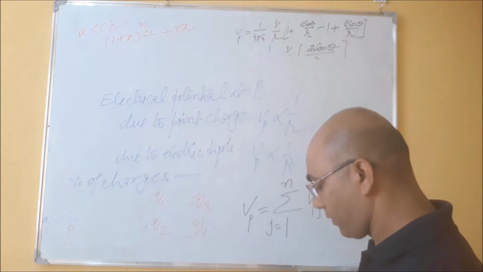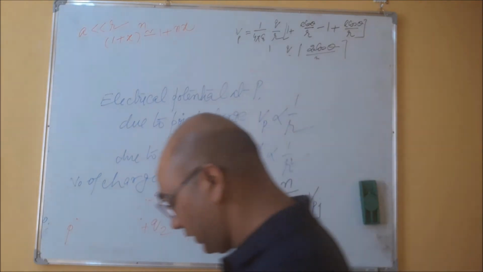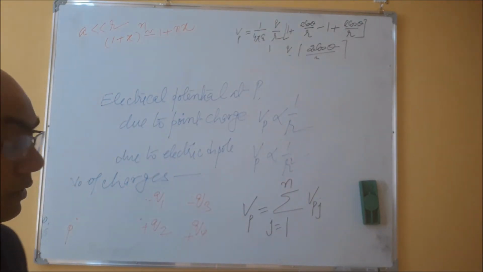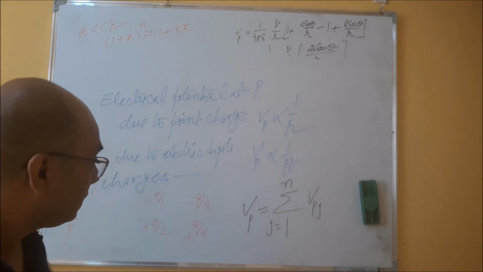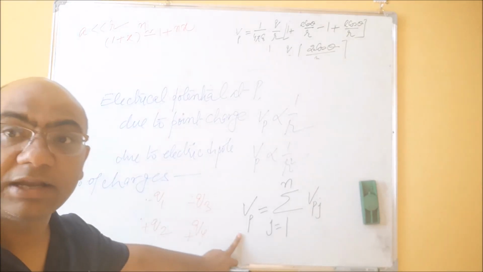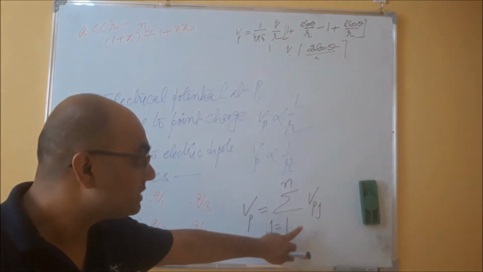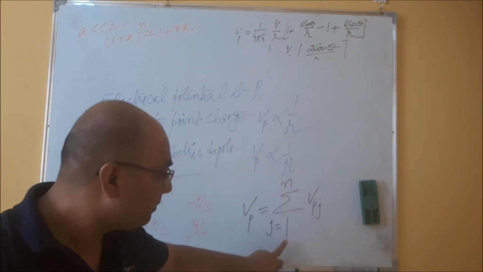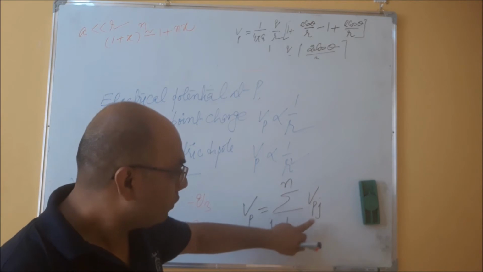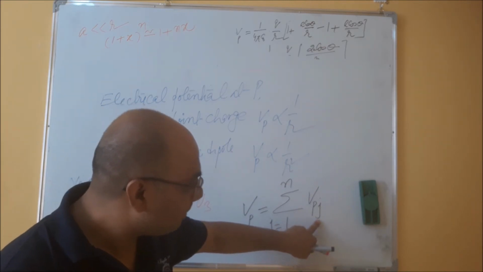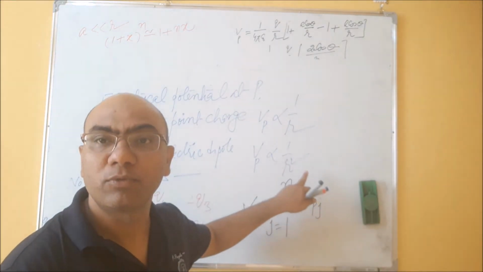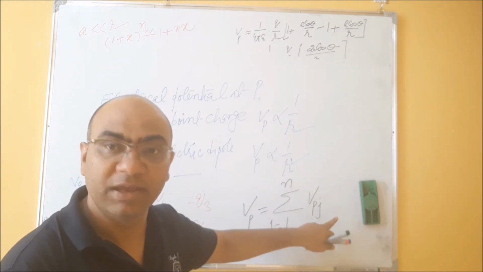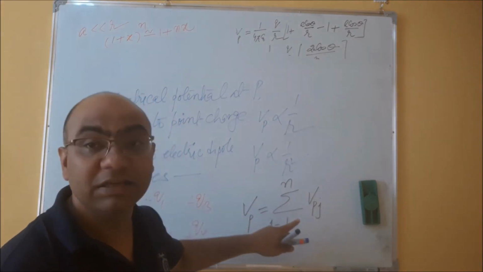The total potential at point P will be the sum of the potentials by individual charges, J from 1 to n. So V1, then V2, then V3, then V4 and so on up to Vn, and we are taking the algebraic sum.